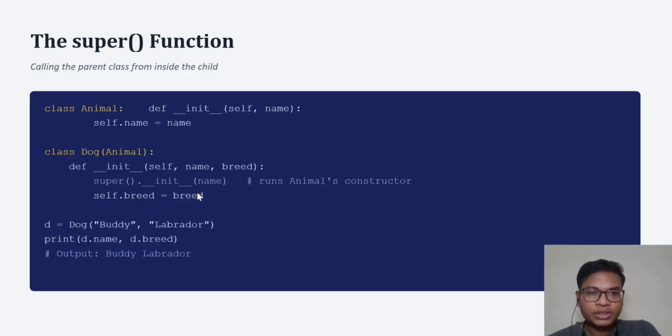But super().__init__(name), the main point is here. Super().__init__(name) runs the animal constructor. Remember that it runs the animal constructor with the help of the super function. After that, we have just created name and breed and just print.